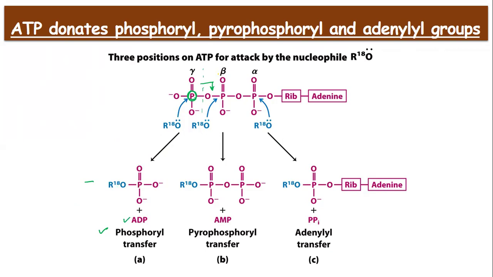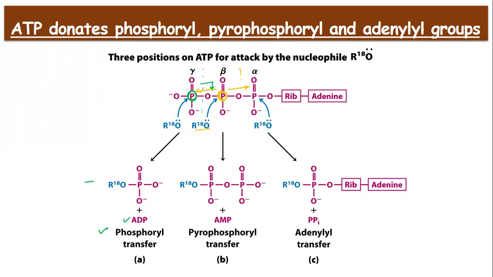So the second scenario is when a nucleophile conducts an attack on the beta phosphate. Now, this beta phosphate is linked with the gamma phosphate and the alpha phosphate. Once the nucleophile attacks, this beta phosphate will look for which bond is comparatively weak or easy to break.